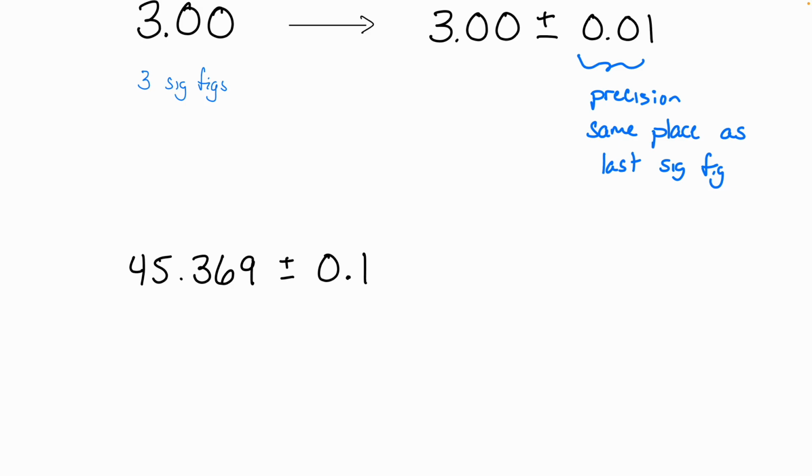That means that our estimated digit is in that tenths place. So we can't have all those extra digits on there. That 6 and that 9 are basically completely made up. We're not confident about those at all. All right, so in this case, we would have to round this number to the correct number of sig figs. Given my little marking here, that would just be 45.4.